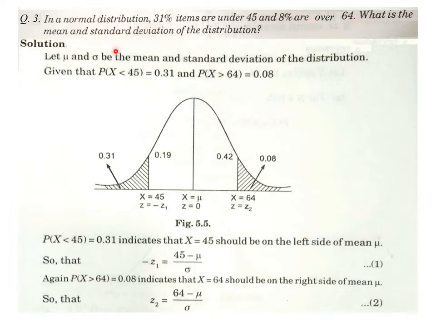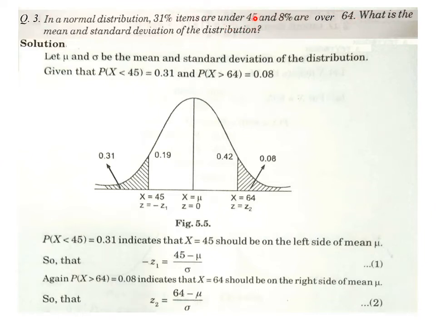Question number 3: in a normal distribution 31% of items are under 45 and 8% are over 64. What is the mean and standard deviation of the distribution? It's a reverse kind of problem where we need to calculate mean and standard deviation, mu and sigma. Normally mu and sigma are given and probabilities are required, but here the probabilities are given in the first line of this problem.